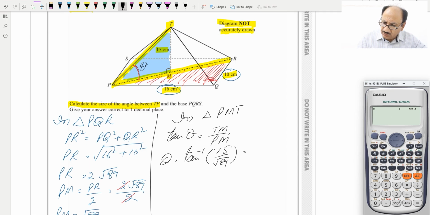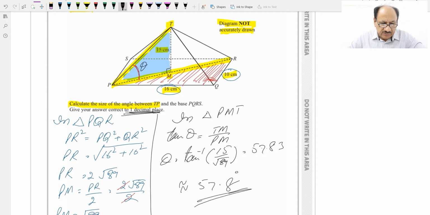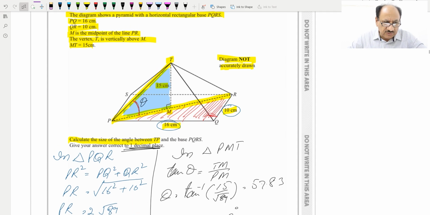And this one we can calculate: shift tan of 15 over square root of 89, and this will be equal to 57.83. They are saying correct to 1 decimal place, so we can write 57.8 degrees, and this will be the final answer for this question.